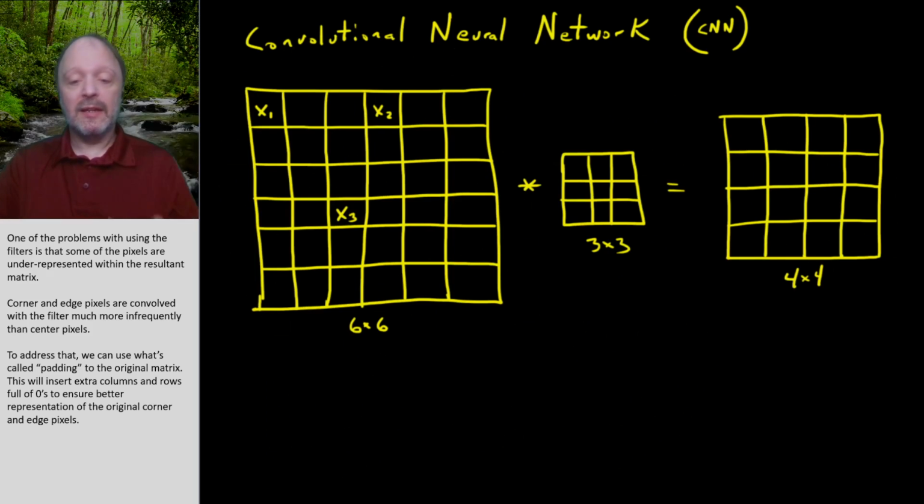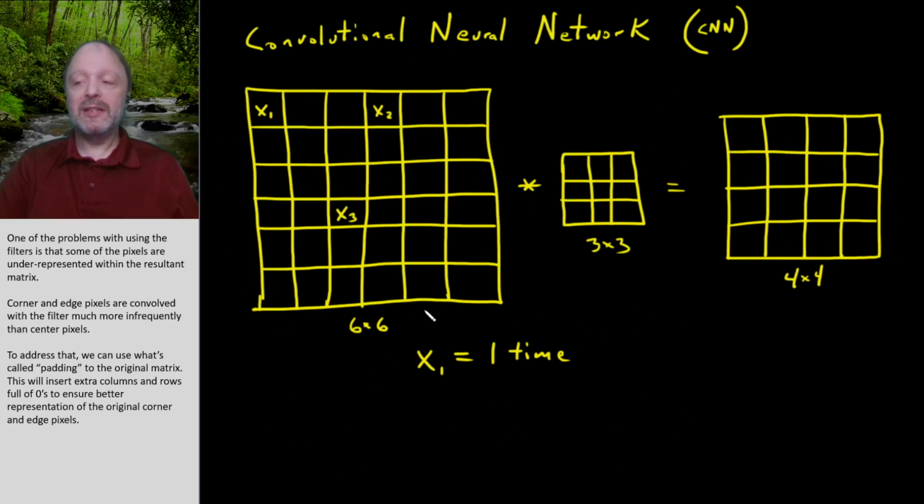And this is a nice clear example of that, because if I look at the number of times that x1 is interacted with, well, when I place my filter over and then I start moving it across, down, etc., how many times does the value at x1 get interacted with? Just once. One time only. Right? The very first time I put it down, it hits that corner and then it never gets touched again.